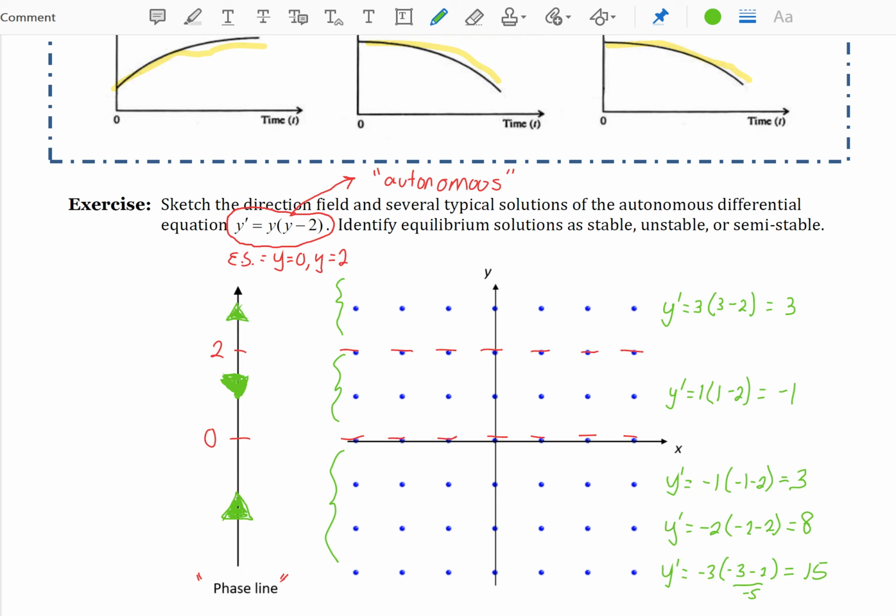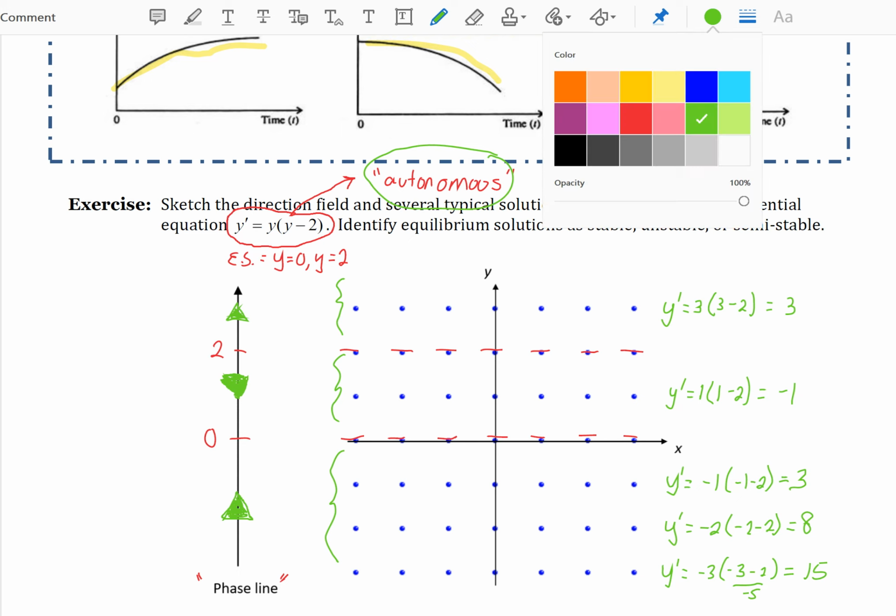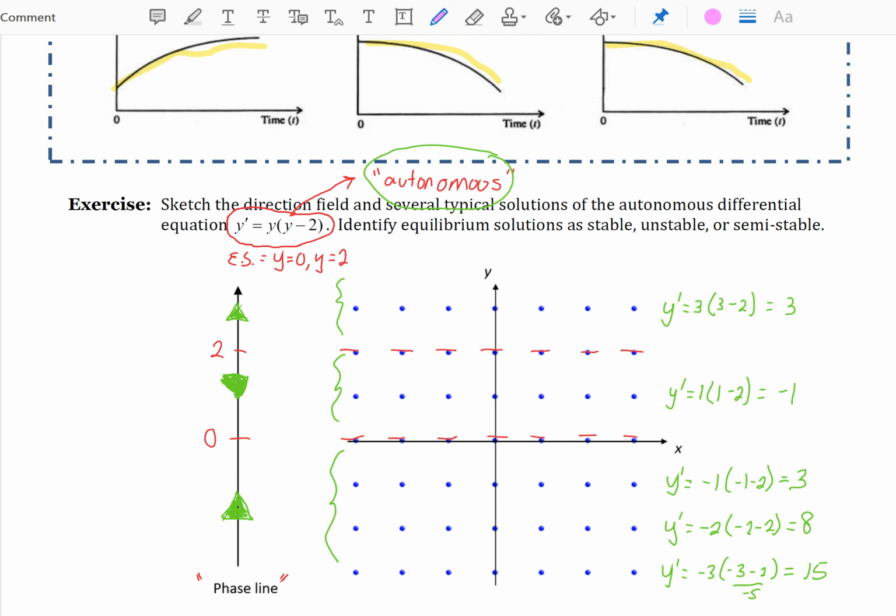Now again, this is only for autonomous differential equations. Because now if I want to draw some typical solution curves, we know that solution curves in this lower region are always going upward. So solution curves would have to go something like this. Or another one might go like this. Anything in this middle region always has to have a slope that's negative.